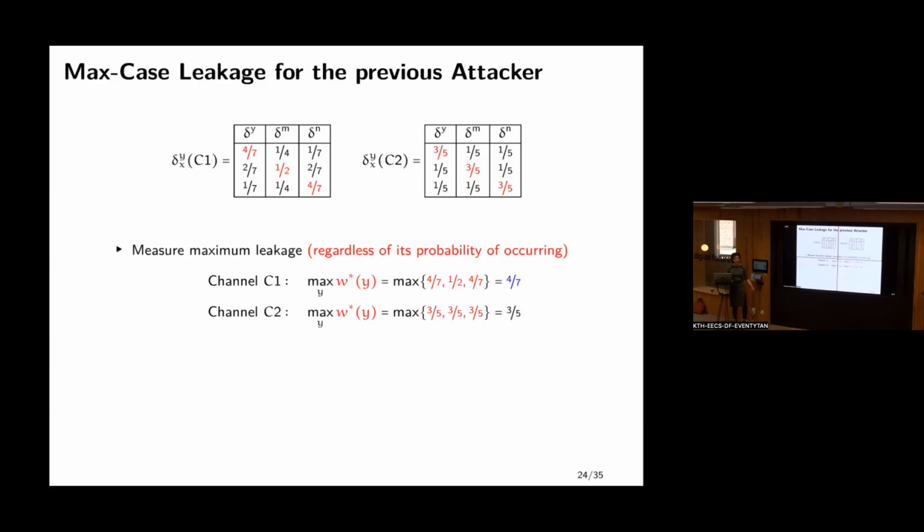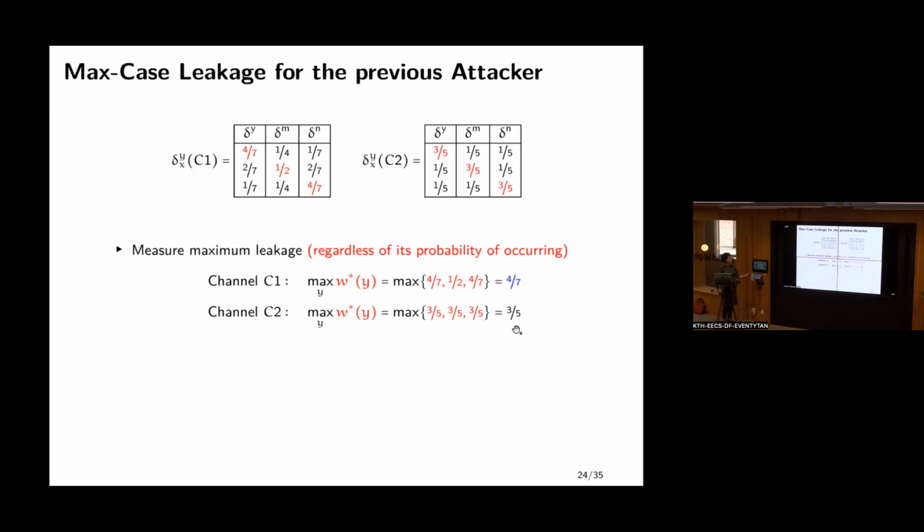So from the first channel, I only worry about the maximum across all possible Y outputs of that posterior probability. So the maximum is the maximum of 4/7, 1/2, and 4/7, which is 4/7. And this is a symmetric channel, so the maximum of these three is just 3/5.